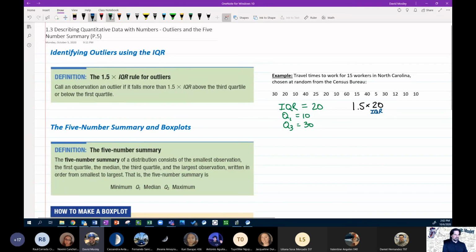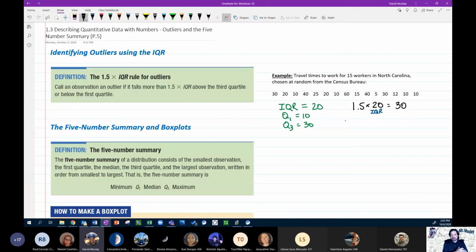1.5 times IQR, which is 30. So I'm going to take this 30, and I'm going to subtract it from Q1 to find the lower boundary for my set.